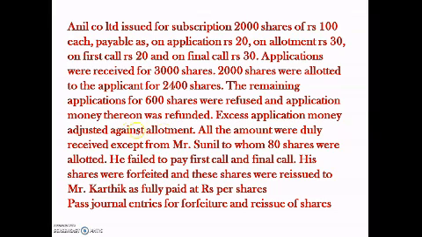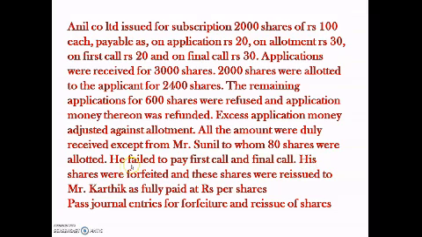Excess application money was adjusted against allotment. All the amounts were duly received except from Mr. Sunil, to whom 80 shares were allotted. He failed to pay the first call and final call, which means this is a case of calls in arrear.